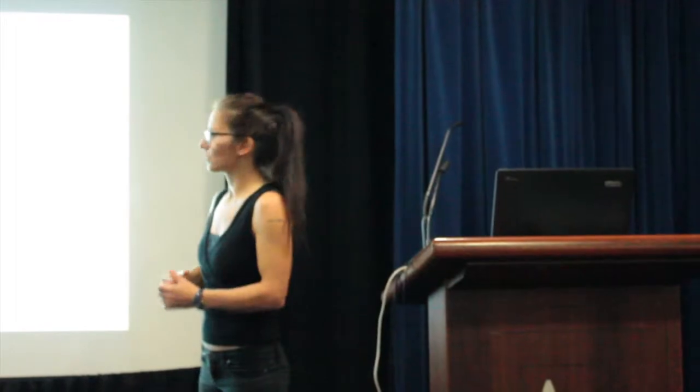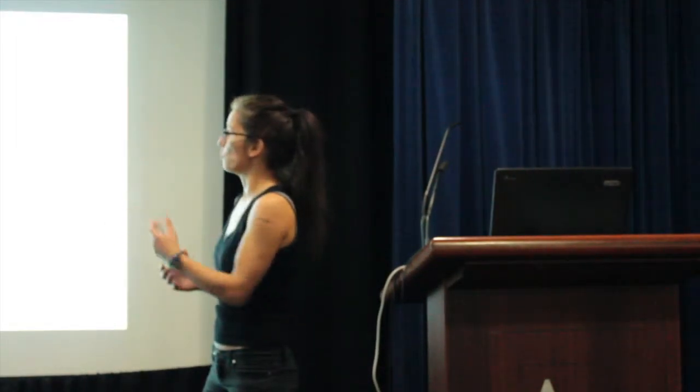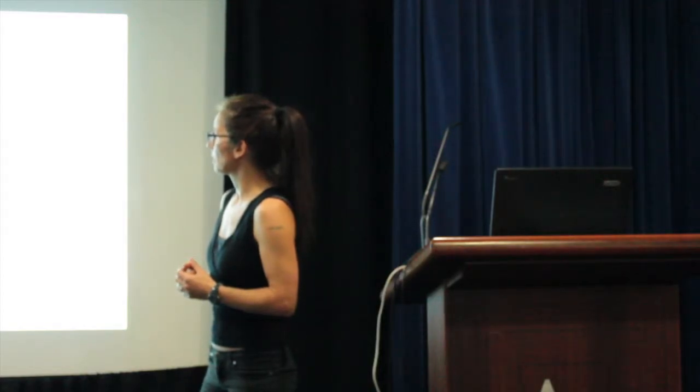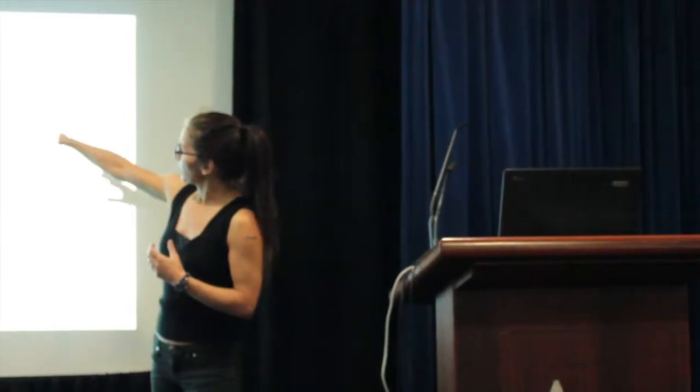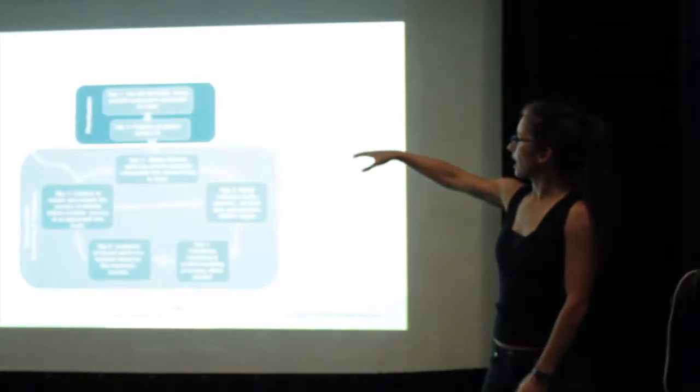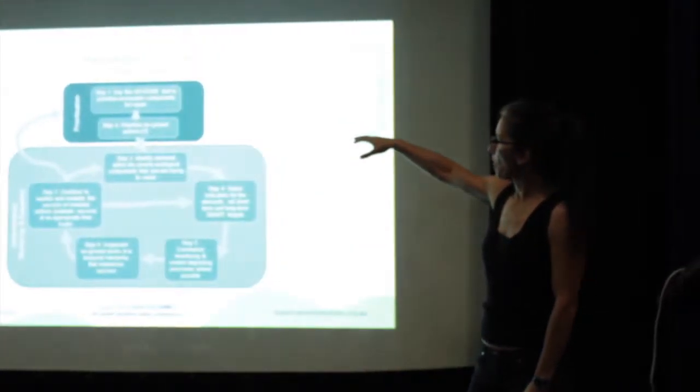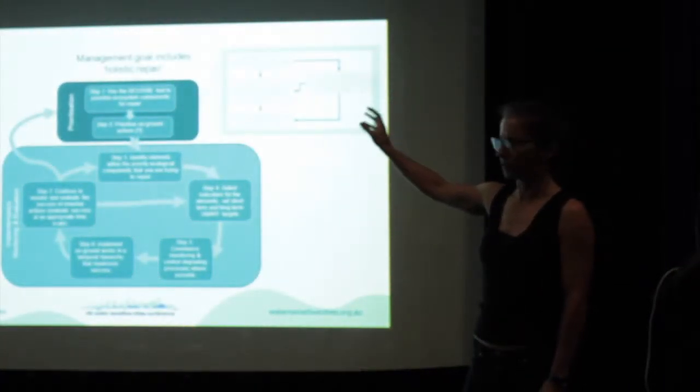Before I talk about the Restore tool a little bit more, I just wanted to place it in a larger context, in terms of a framework for repairing these urban streams. At the beginning of the framework, there's a prioritisation component, which is where most of the tools help you.